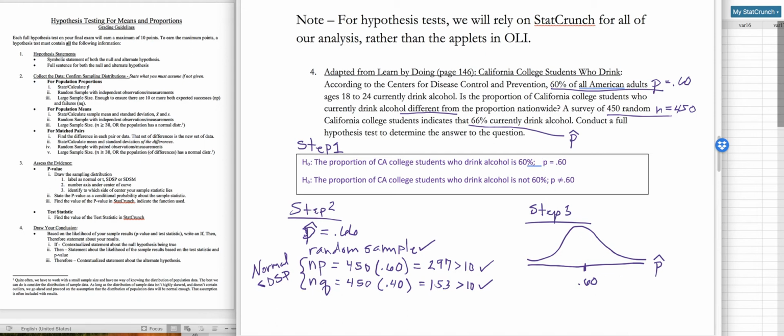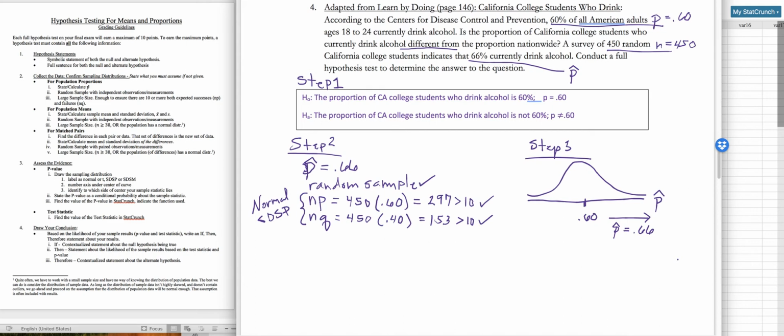that p is 0.60. Last thing we need to do on this picture is identify to which side of center our sample statistic lies. Well, our p-hat value is 0.66. This is a number line, so our p-hat value must be to the right of center because 0.66 is bigger than 0.6. Okay, so that's where we are. Last thing we need to do, oh no, 2 more things. So state our p-value as a conditional probability about the sample statistic.